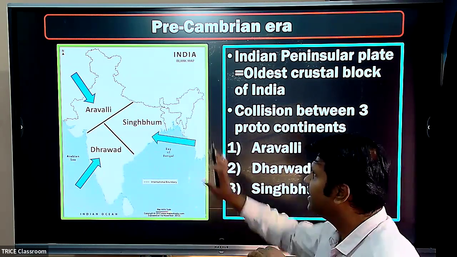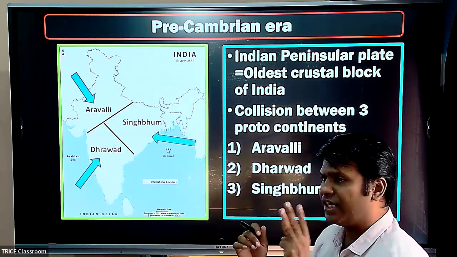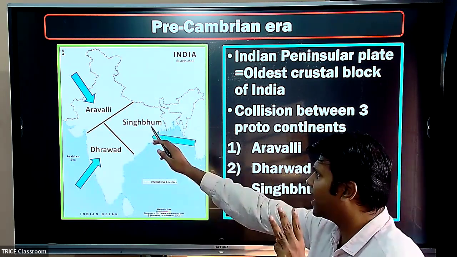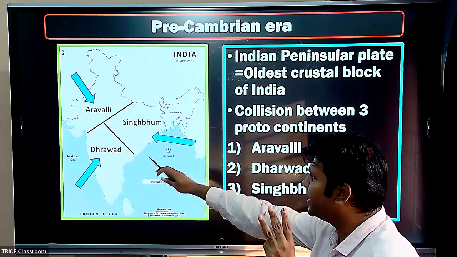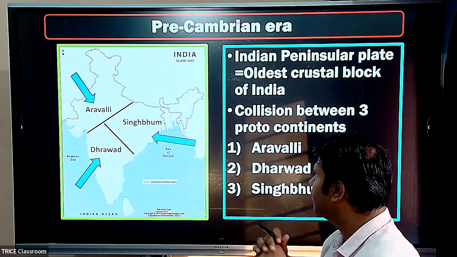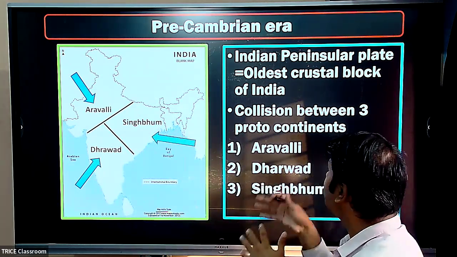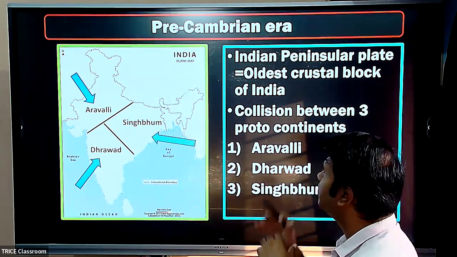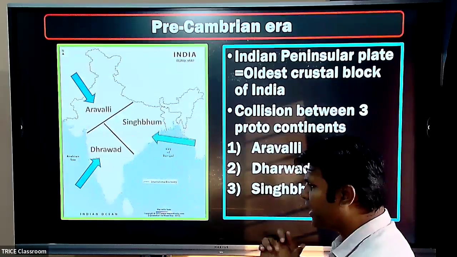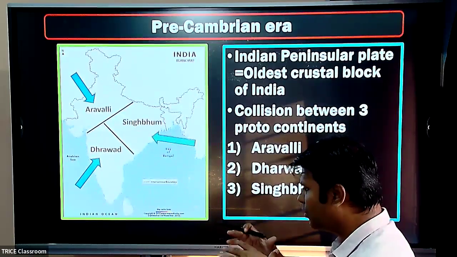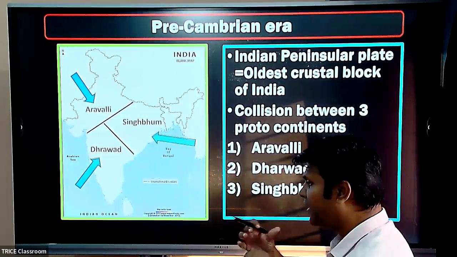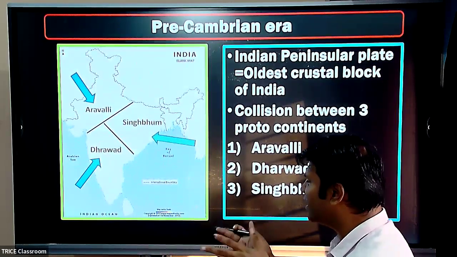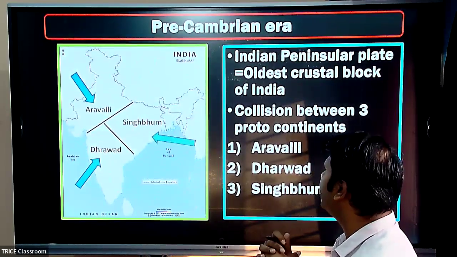Please understand, the Indian plate consists of three important plates: the Aravali plate, the Singhbhum plate, and the Dharwad plate. While India got separated, it didn't get separated as one single plate. There were three different plates.